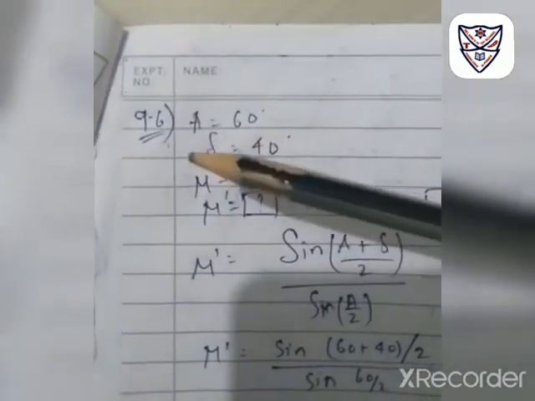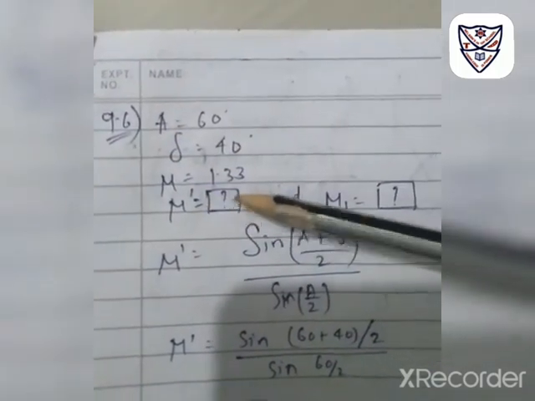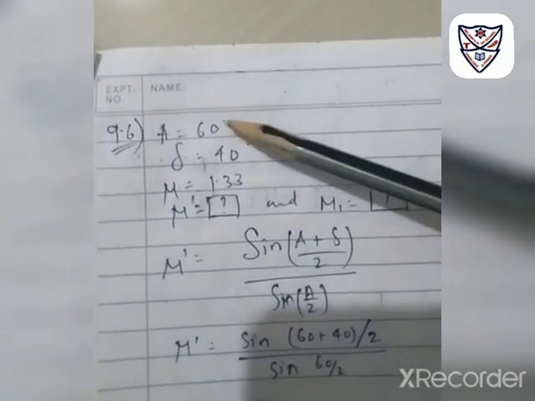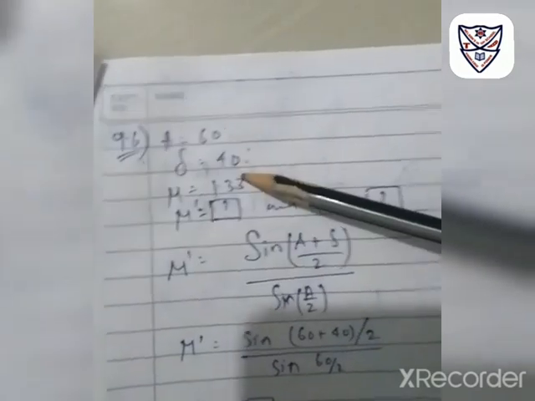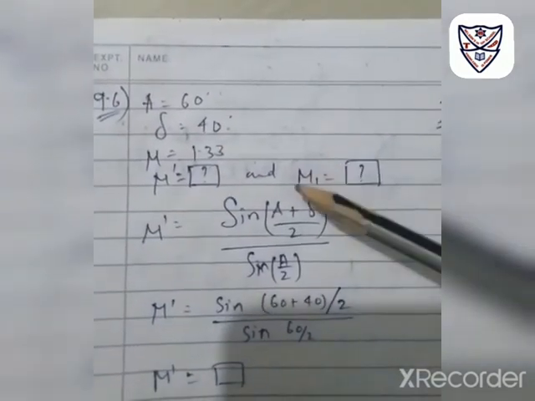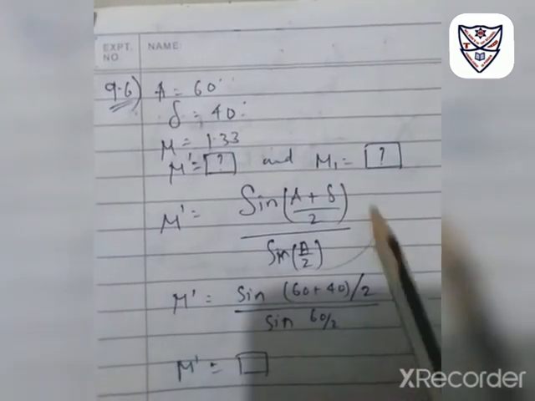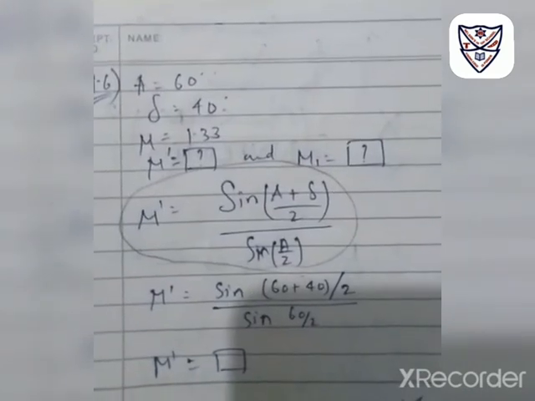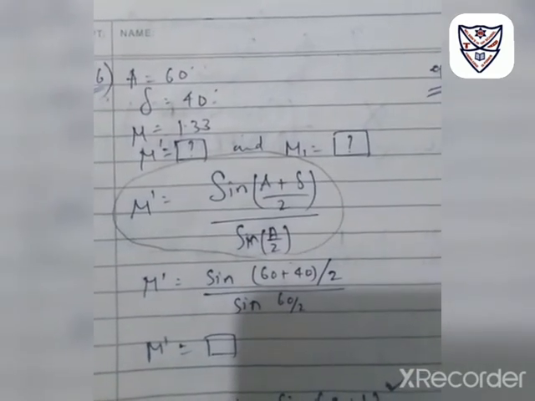Now see the next sum, where you have to find mu dash for the prism such that the angle is given as 60, the deviation angle is given as 40, and mu is given as 1.33. So here for the prism you will use the formula: mu dash is equal to sin (A plus del) divided by 2, over sin A by 2.